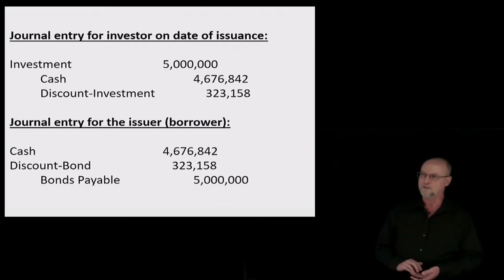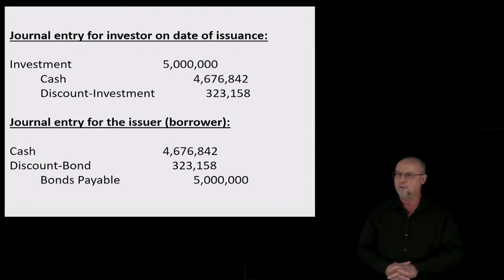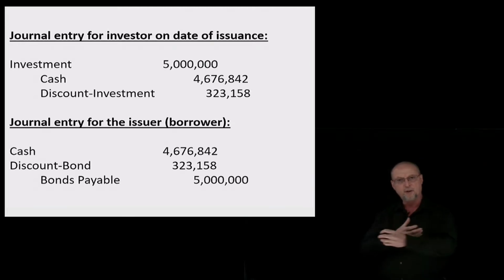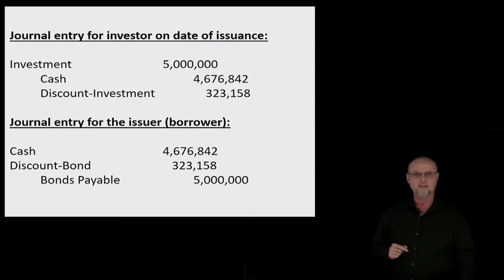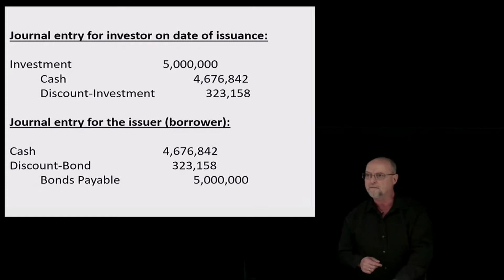Here are the journal entries for the investor, and I just happened to put the journal entry for the issuer just so you can see that it's kind of the mirror image. The investor is going to record an investment at face value, 5 million. They paid 4,676,000, and so they're going to have a discount of 323,158.